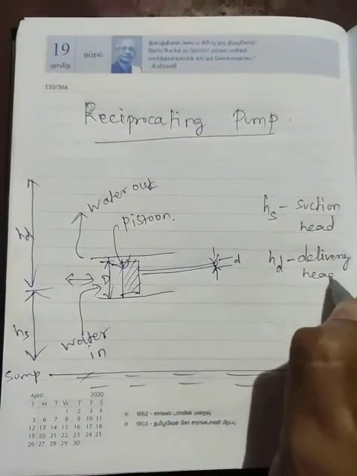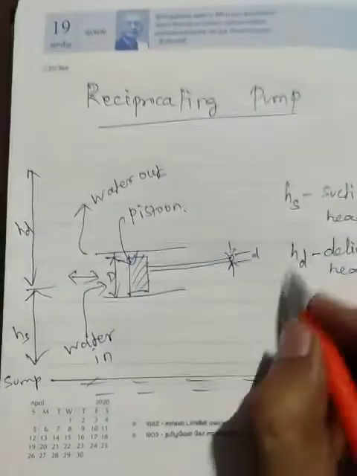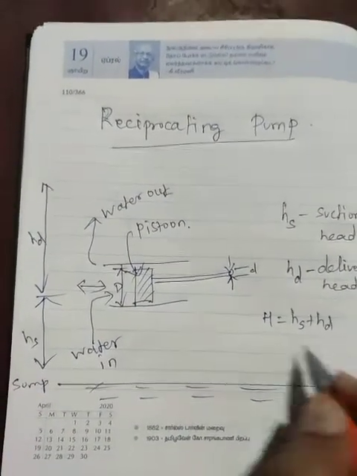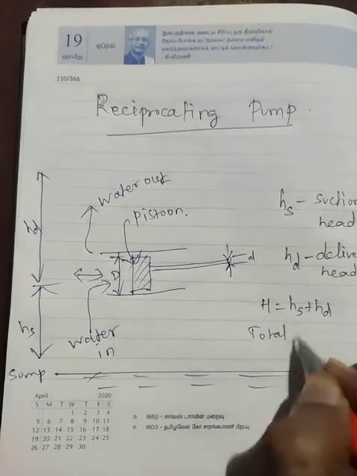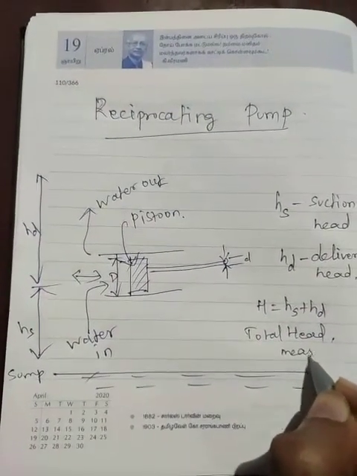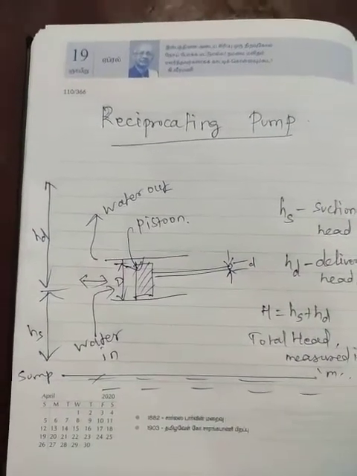So often these head terms are measured in terms of height. So meter is the unit for the head, whether it is a total head or a suction head or delivery head, whatever it may be. We have to calculate it in terms of meter.